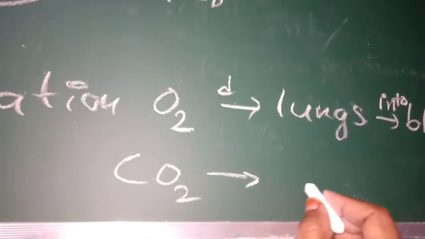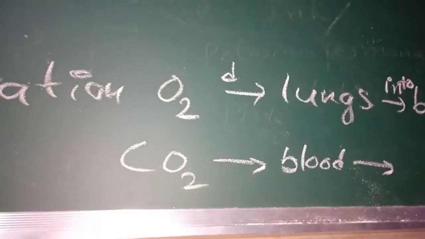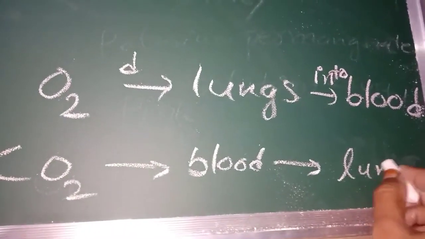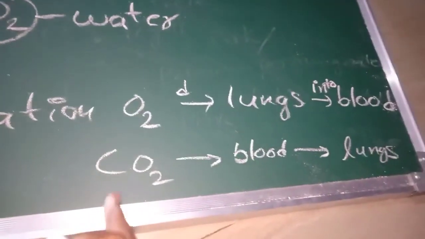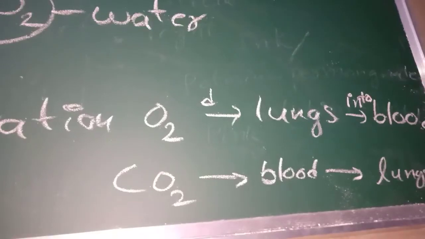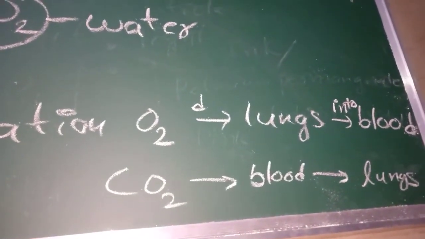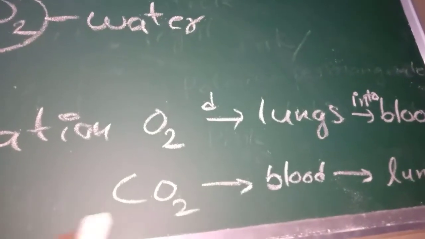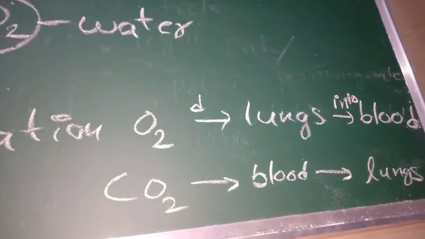diffuses from the blood into the lungs. In respiration, these two activities are happening. That's why we are breathing in oxygen and exhaling CO2, that is carbon dioxide, and we are living.